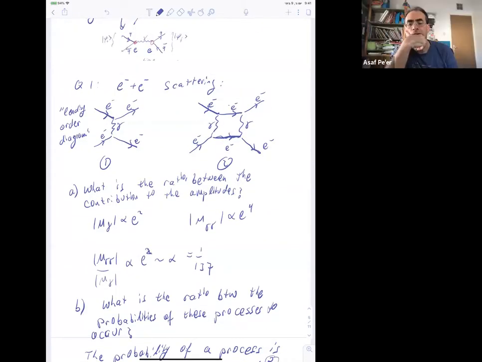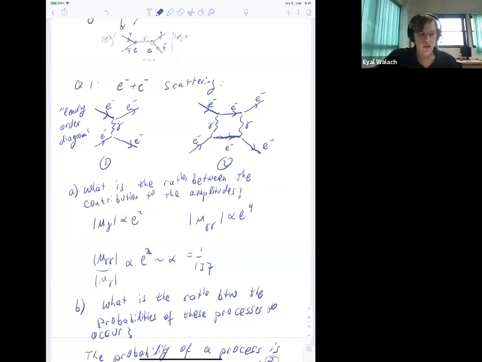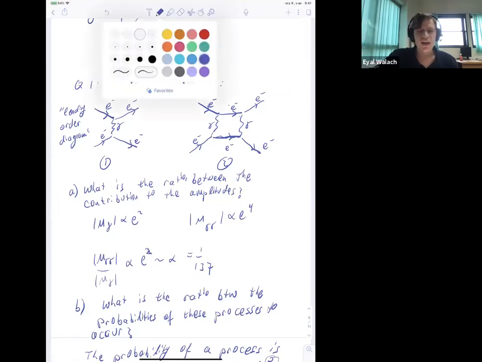Is there also a second order diagram with diagonal photon lines, meaning that the photon that the first one emits only reaches the second one after, sorry.